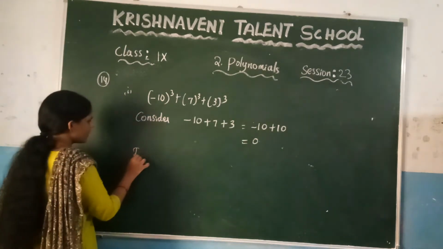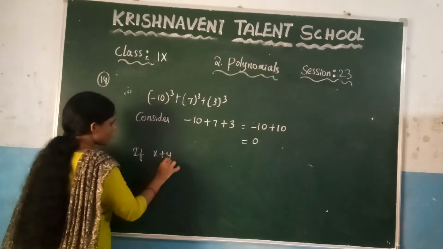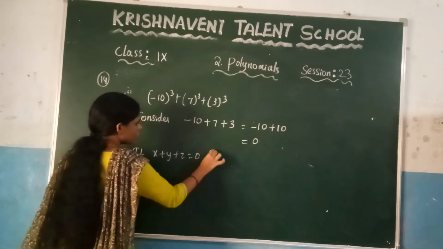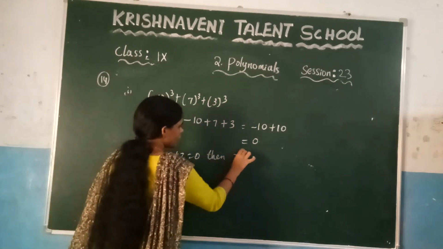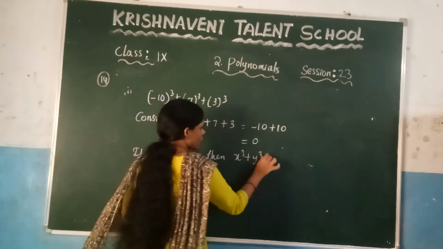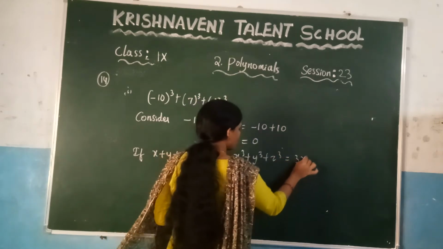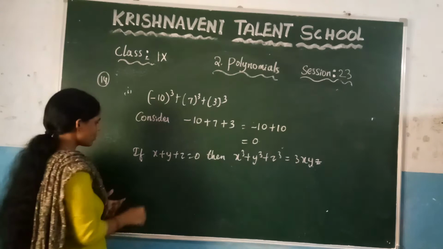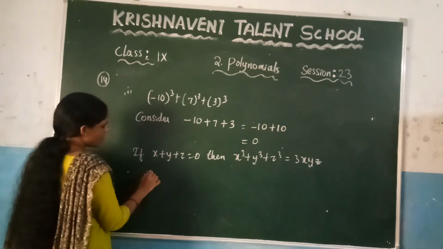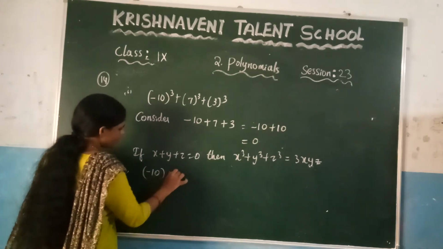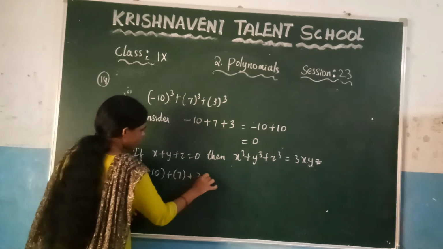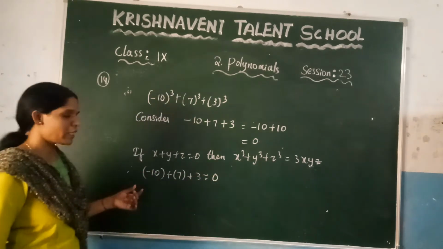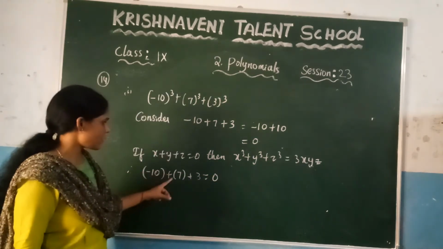And you know that if x plus y plus z is equal to 0, then x cube plus y cube plus z cube is equal to 3xyz. This formula you should know. So therefore, since minus 10 plus 7 plus 3 is equal to 0, you can observe that it is in the form of x plus y plus z.